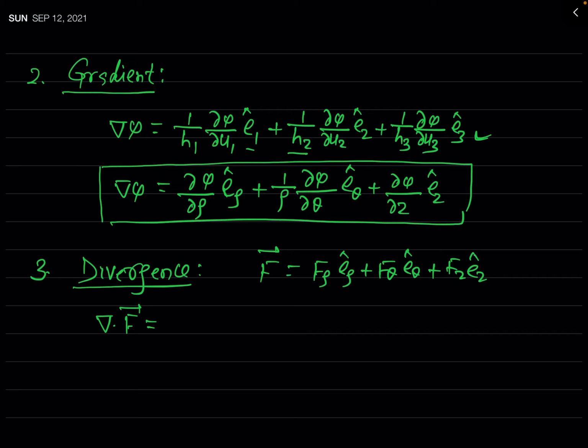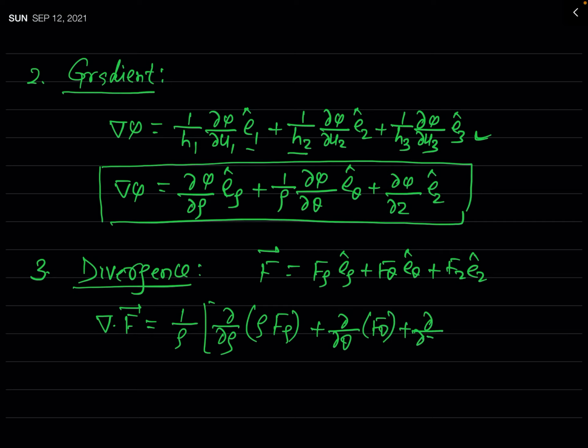And in this condition, when you apply the expression for divergence which we have just seen, you will see this del dot F will be equal to 1 over rho, del rho of rho times F rho, plus del theta F theta, plus del z of rho Fz. This will be the expression for divergence.